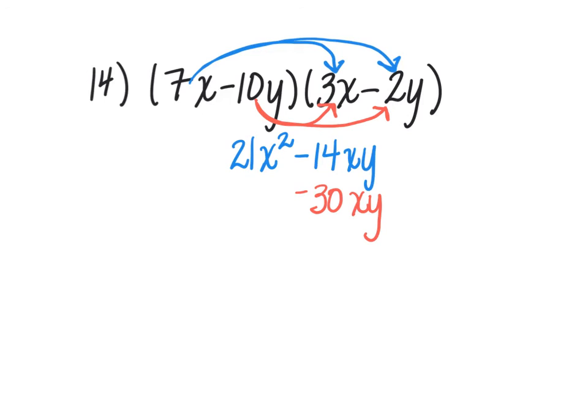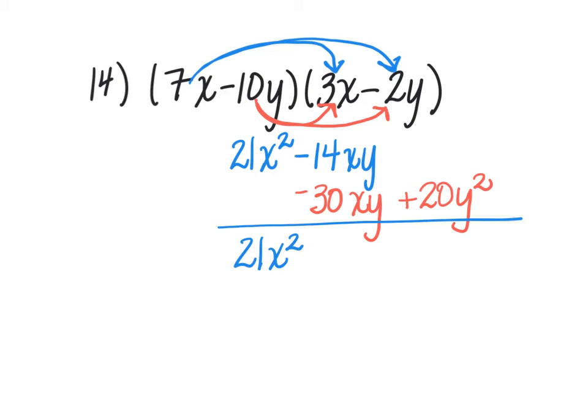And then the last term, negative 10y times negative 2y. Negative 10 times negative 2 is positive 20. And then y times y is y squared. All right, now it's time to combine like terms. Bring down the 21x squared. A negative 14 and a negative 30.